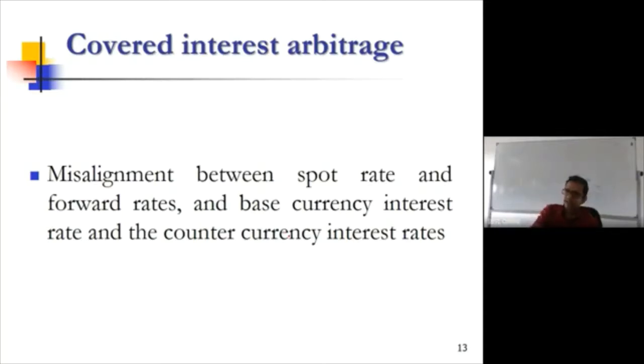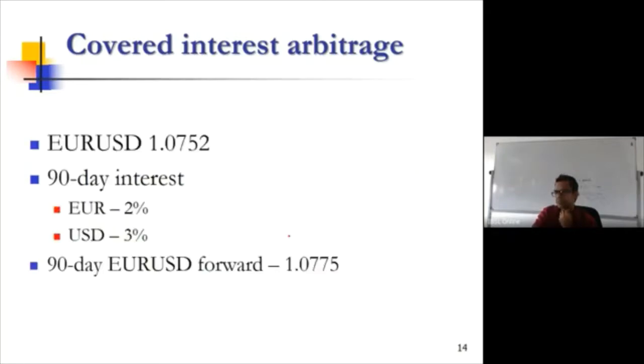As I mentioned, this happens when there is a misalignment between the spot rate and forward rates and the interest rates used in the market and what is available to you. So for example, we'll take this again: the euro dollar spot rate and the market interest rates.